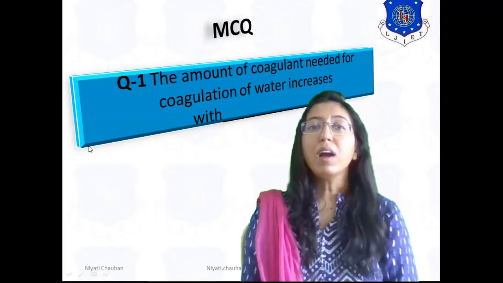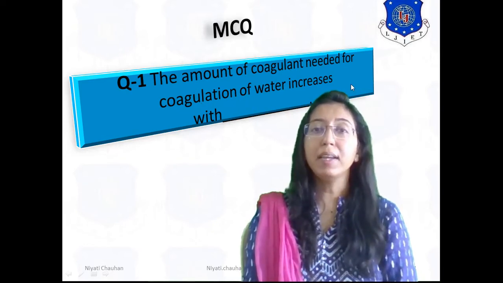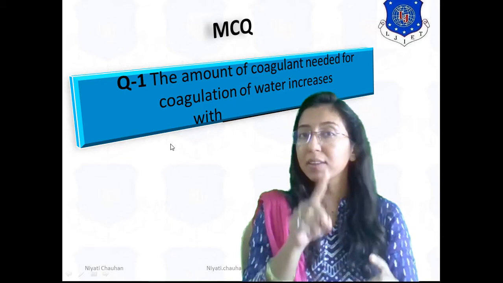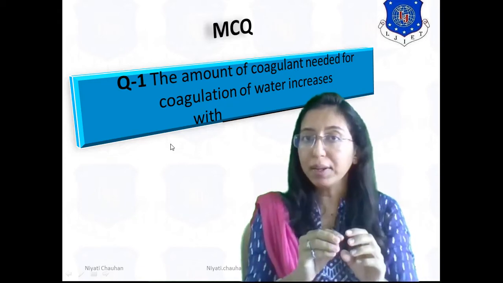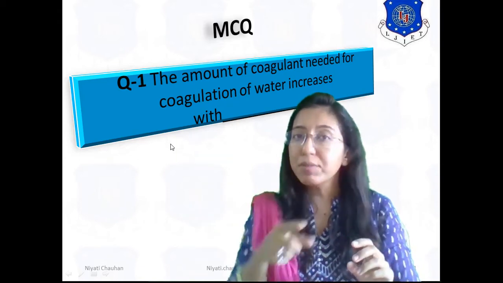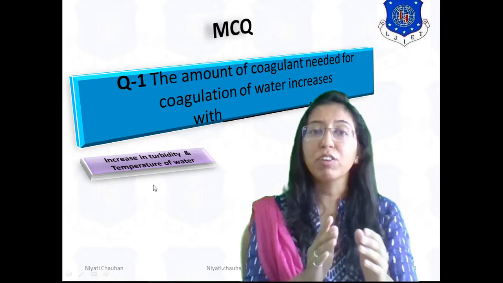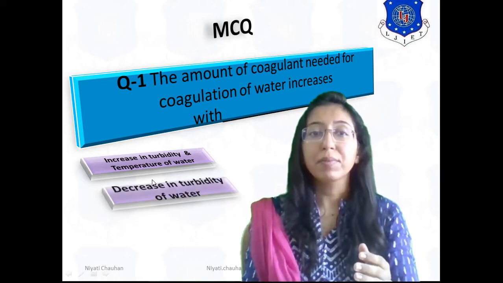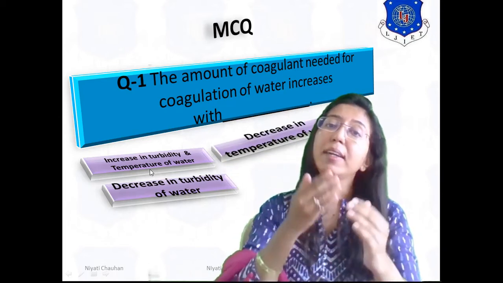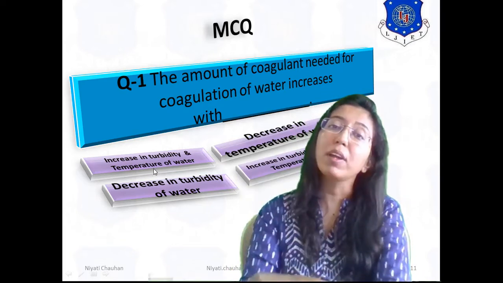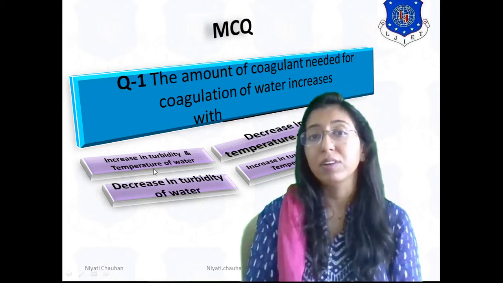MCQ. The amount of coagulant needed for coagulation of water increases with: first option, increase in turbidity and temperature of water; second, decrease in turbidity of water; third, decrease in temperature of water; and fourth option, increase in turbidity and decrease in temperature of water.